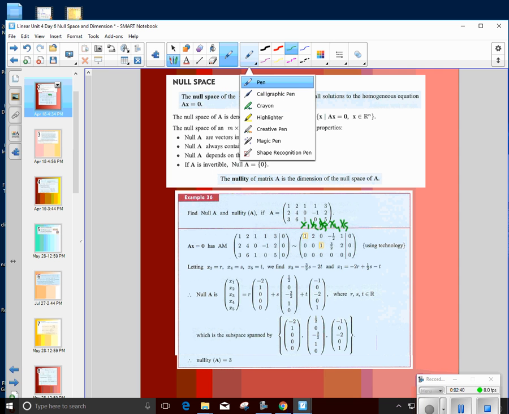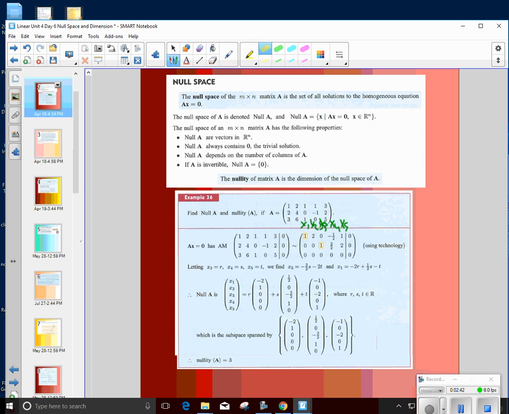The columns that are not connected to leading coefficients of 1, or leading ones, are the ones that we assign to our unknown variables.